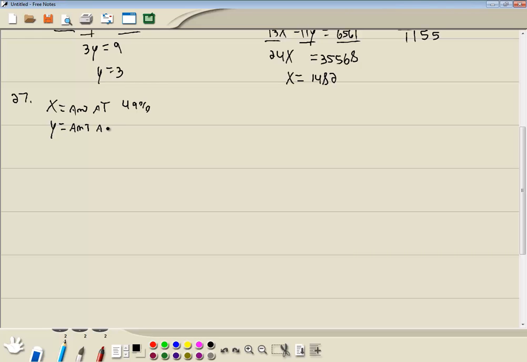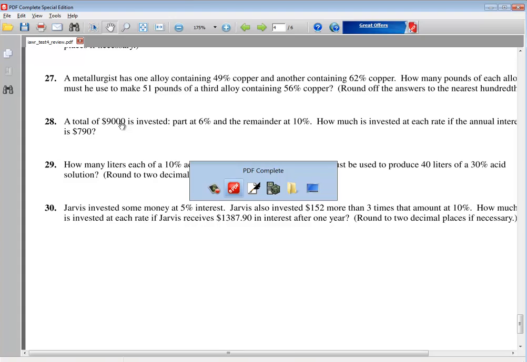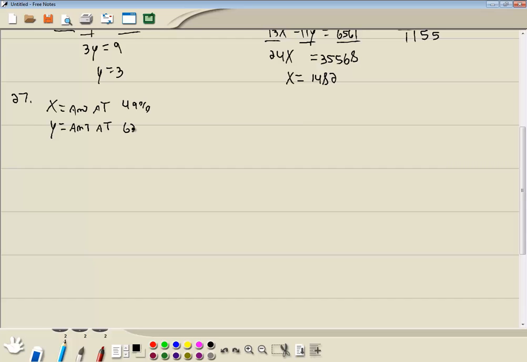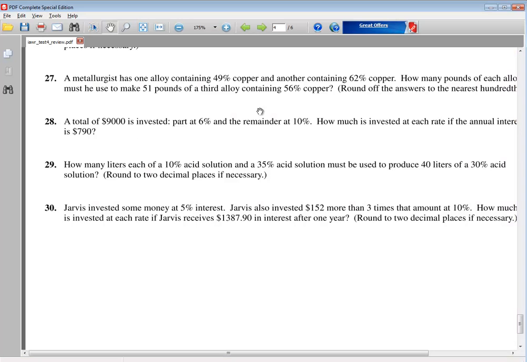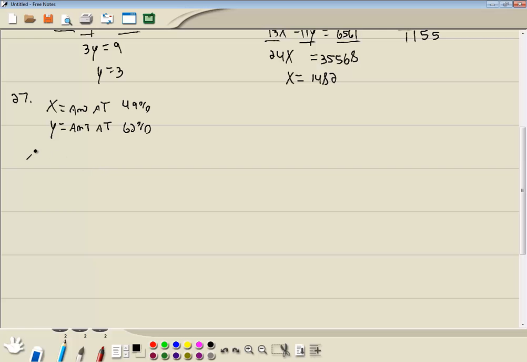And Y is going to be our amount at 62%. They say how many pounds of each must be used to make 51 pounds of a third alloy. So we want 51 total, which they're telling us then that X plus Y is equal to 51.